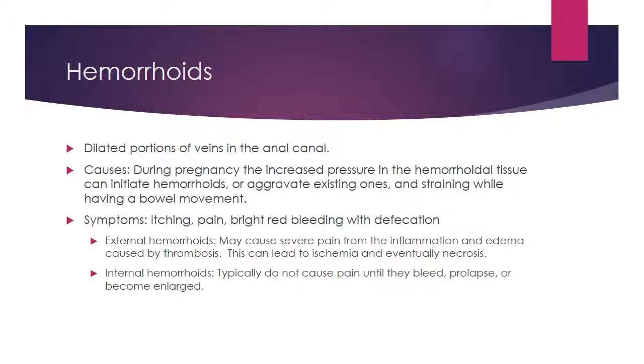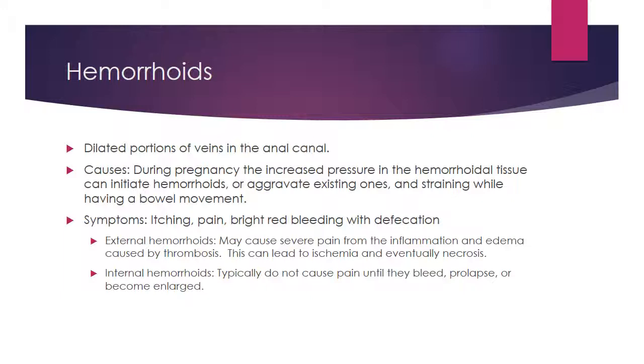Okay, next we have hemorrhoids, which are dilated portions of veins in the anal canal. Causes: during pregnancy, the increased pressure in the hemorrhoidal tissue can initiate hemorrhoids or aggravate existing ones, and straining while having a bowel movement can also cause hemorrhoids.